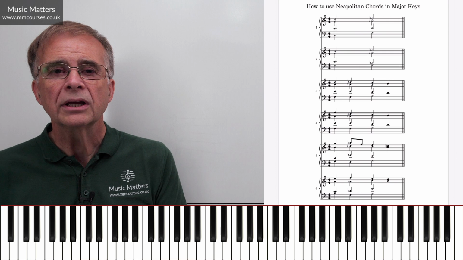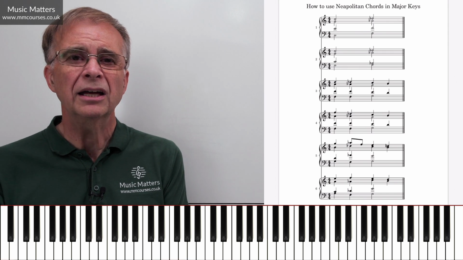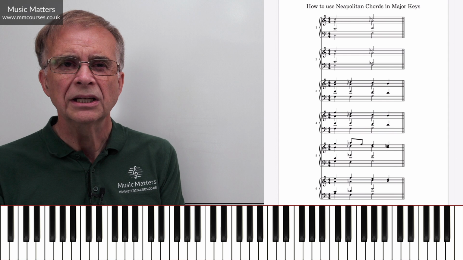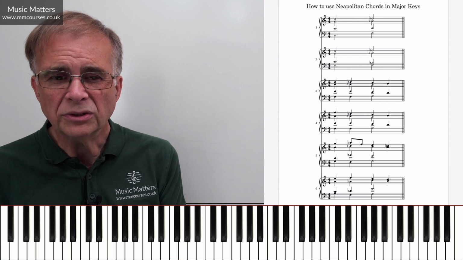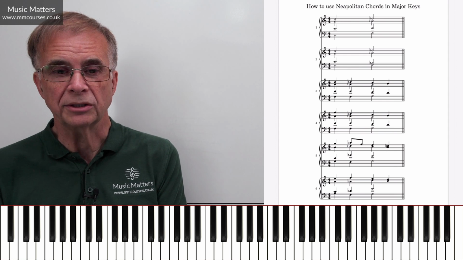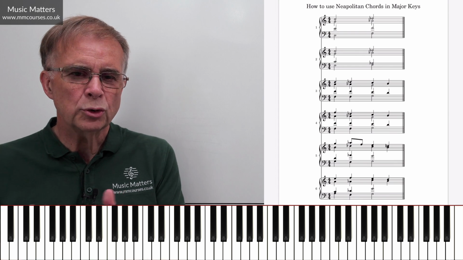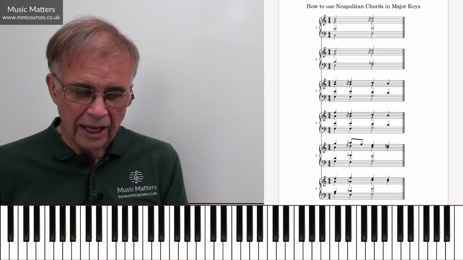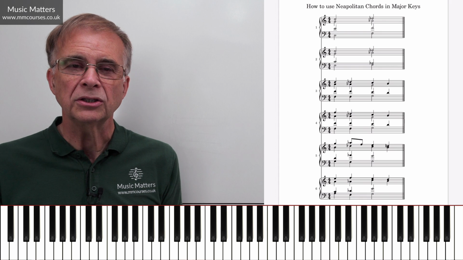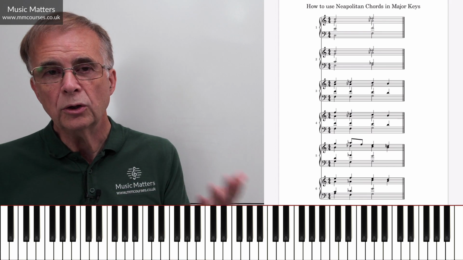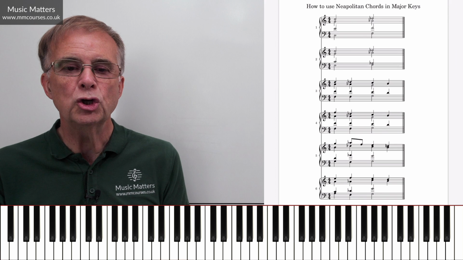So now a lot of people have been in touch to say, well, I kind of know what a Neapolitan chord is, but actually how do I use it? And that's a very fair question. So first of all, let's just talk about resolutions, because a Neapolitan chord is often known as one of those predominant chords.